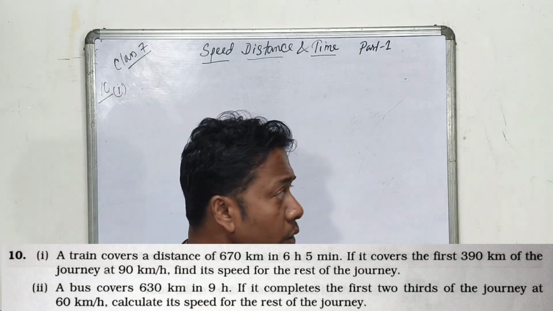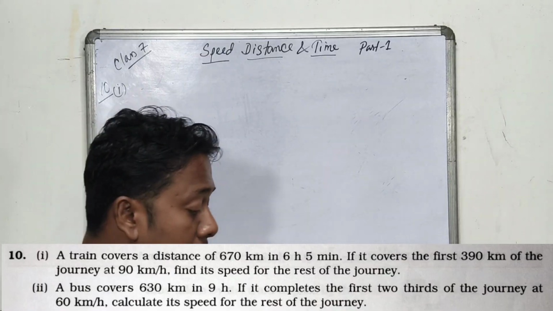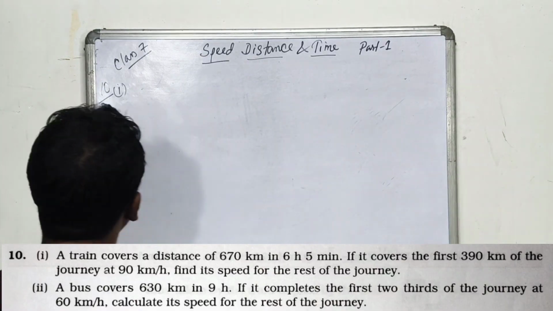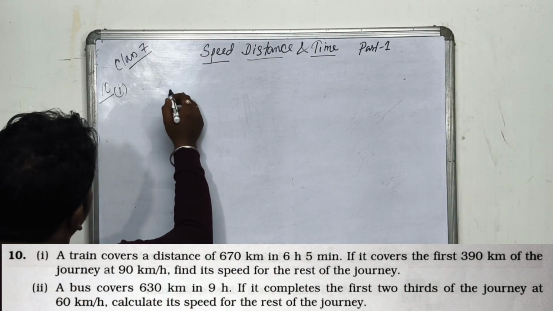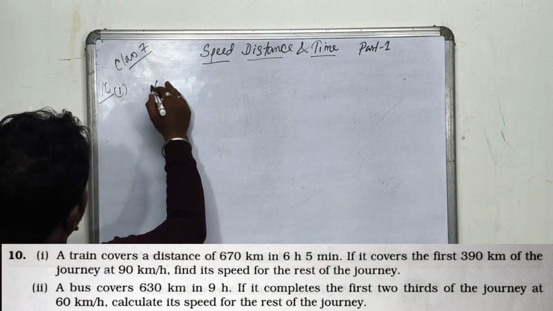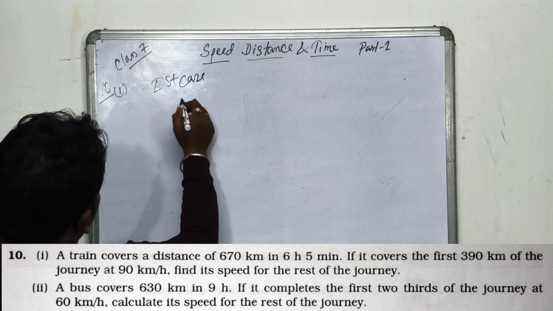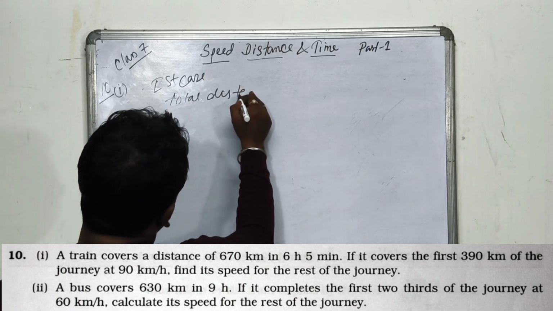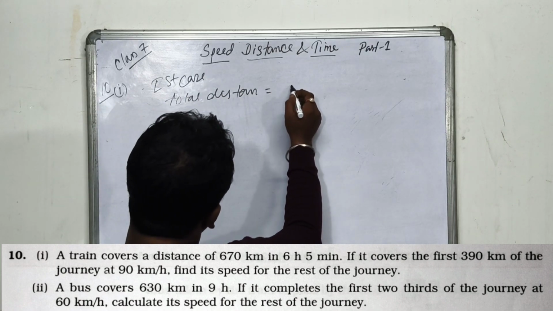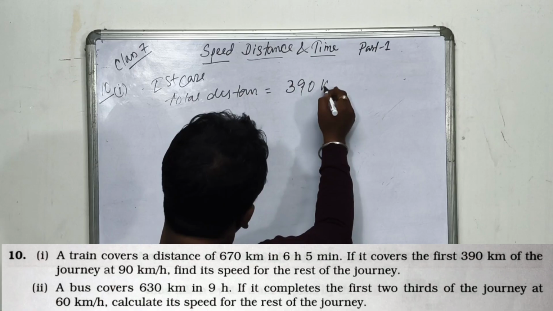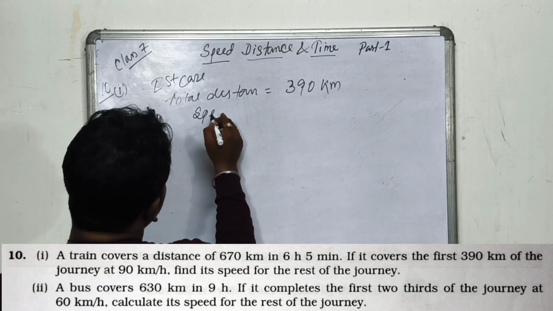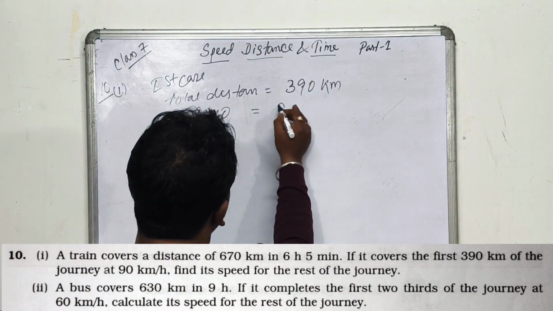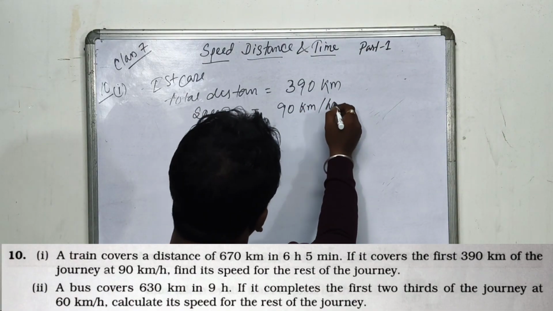Now it is split into two halves. Now I'll just discuss the first half. In the first half, the train covers 390 kilometers. So first case, train total distance equals 390 kilometers and speed is given, 90 kilometers per hour.